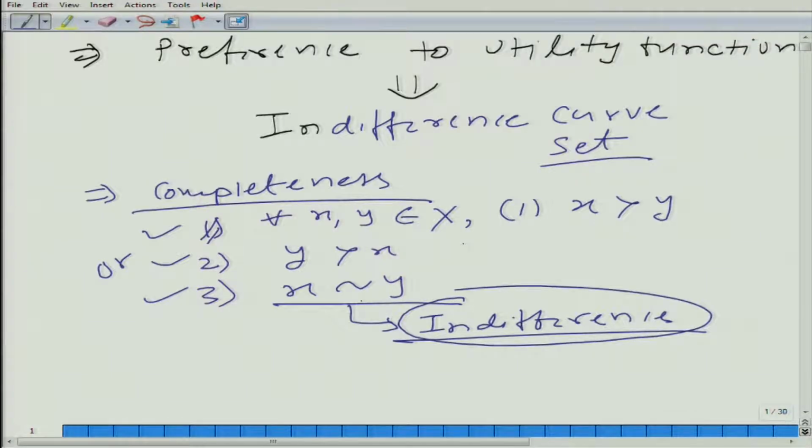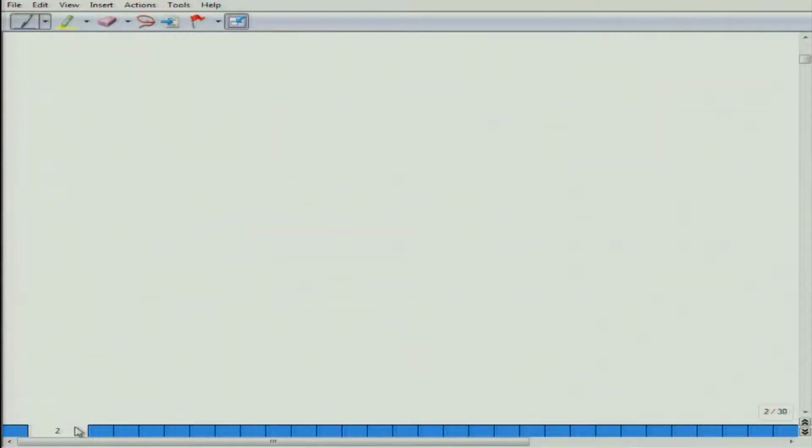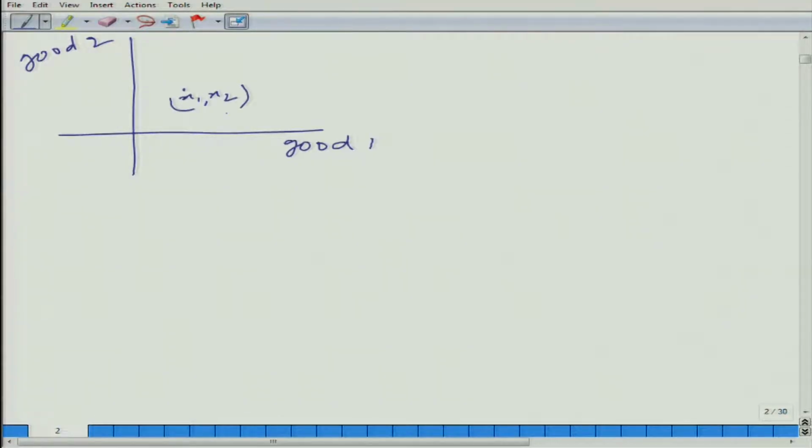So what we can do is take x. Let us again come back to our two dimensional world, just for illustration. Here we have good 1, here we have good 2, and x is (x1, x2). This bundle will partition the consumption set into 3 mutually exclusive sets. What do I mean by 3 mutually exclusive sets?